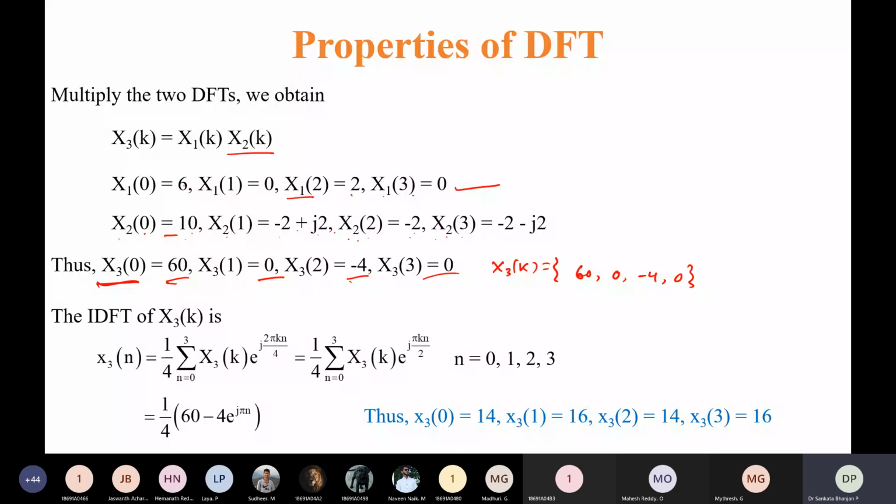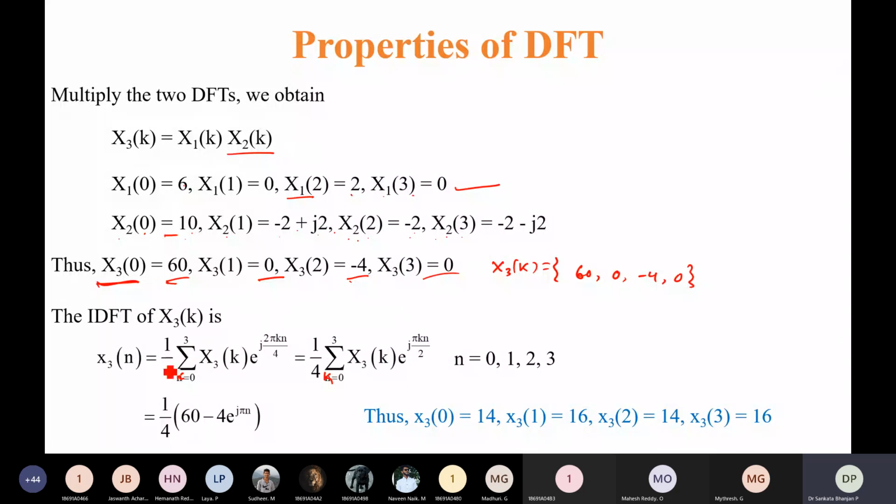Okay, so what is the formula for IDFT? That we already discussed: 1 divided by capital N, summation k is equal to 0 to 3, X3 of k e to the power j 2 pi k n, whole divided by 4.